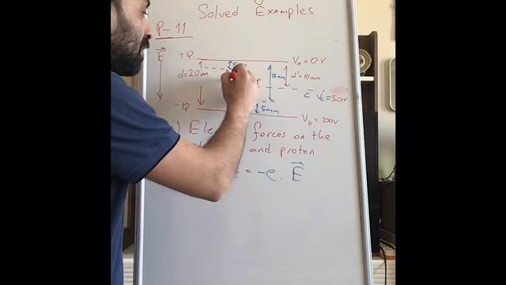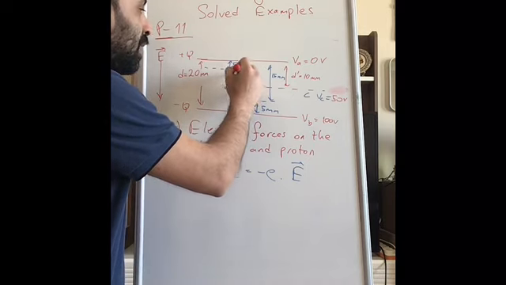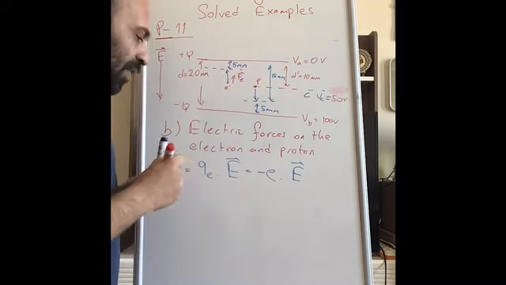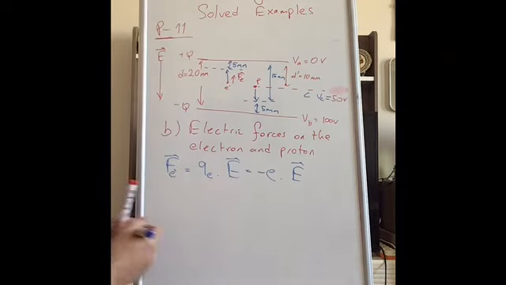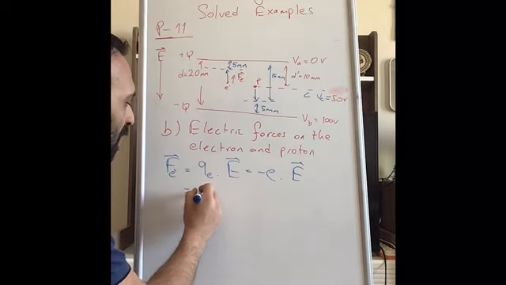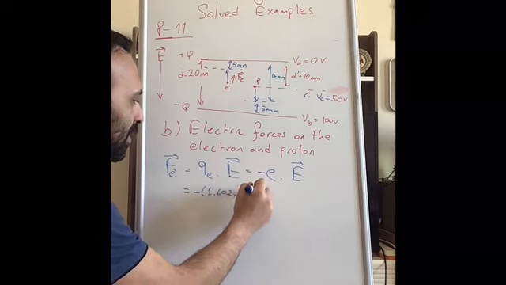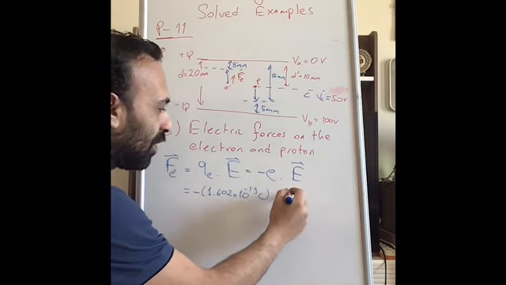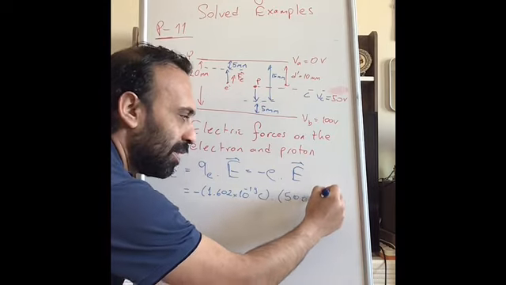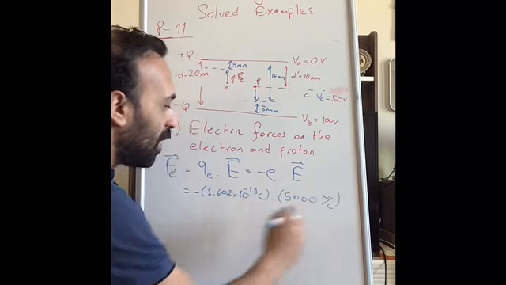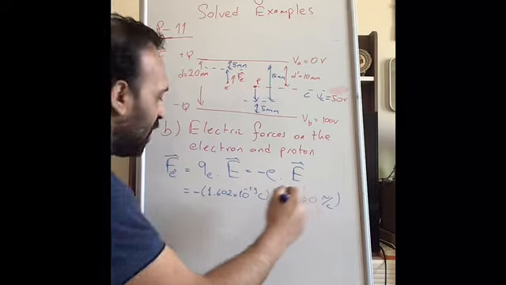So this is going to be Fe. And if you calculate it, we just plug the numbers here. It's going to be minus 1.602 times 10 to the minus 19 Coulomb times the electric field, which is 5,000, we calculated it, remember, Coulomb, but the direction is minus j, right?